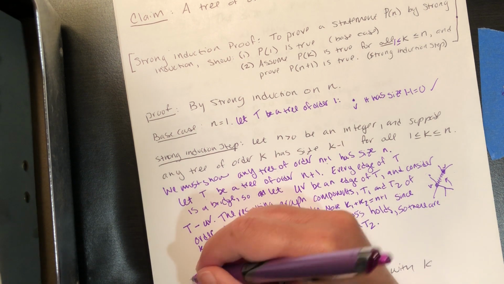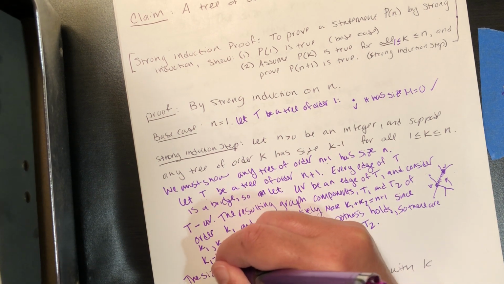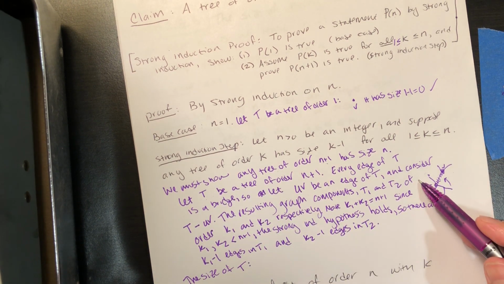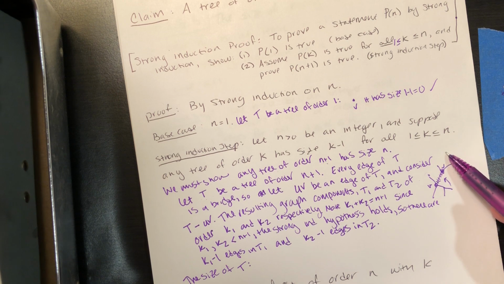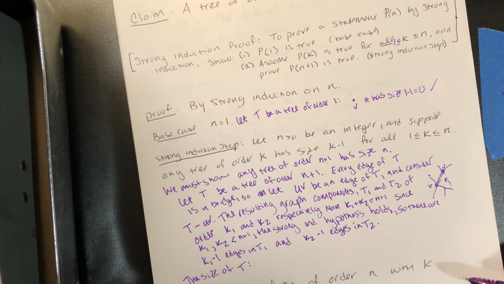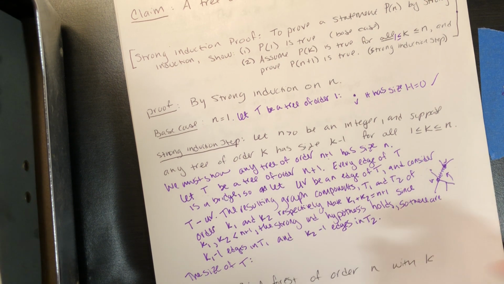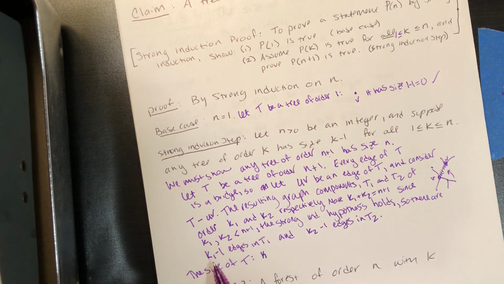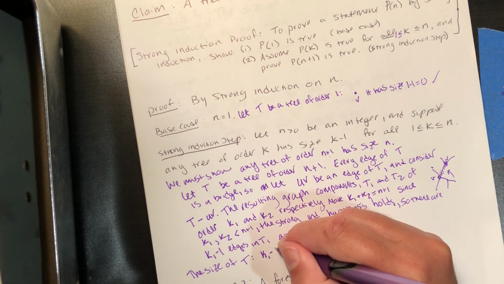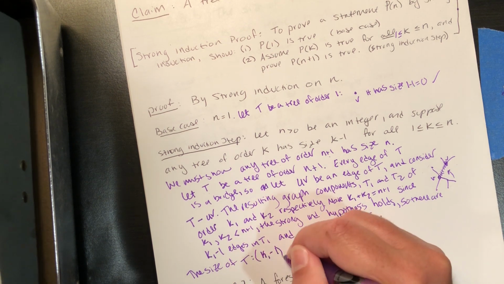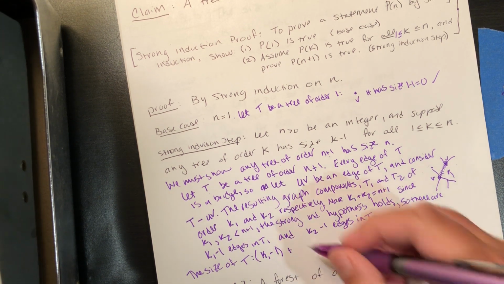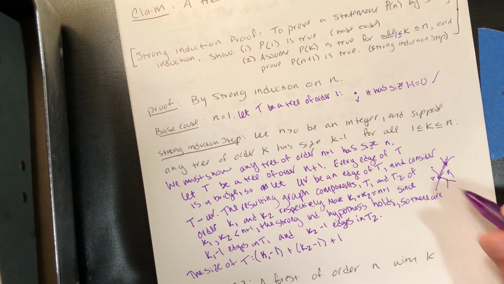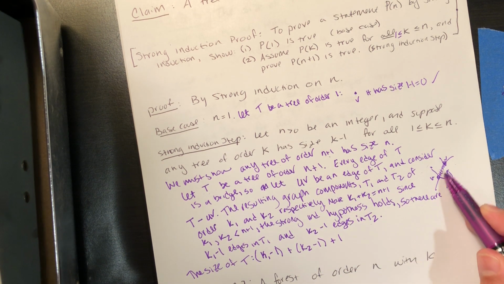Well, the size of T is just going to be the size of T1 plus the size of T2 plus that one single edge that we had deleted. So it's going to be K1 minus 1, that's the size of T1, plus the size of T2, which is K2 minus 1, and then plus 1 for that one single edge UV that we had deleted.